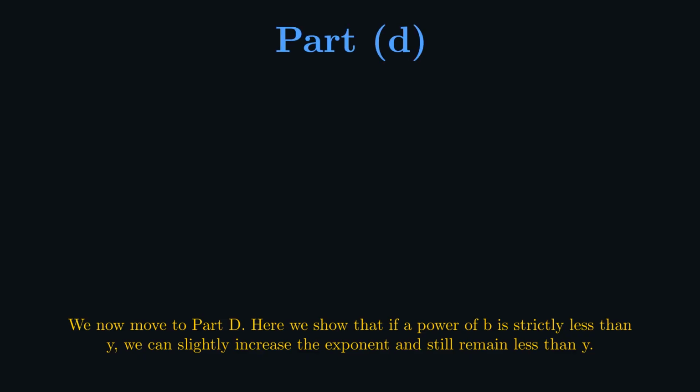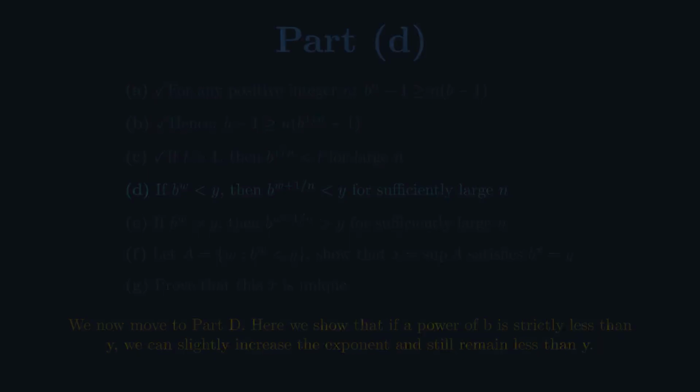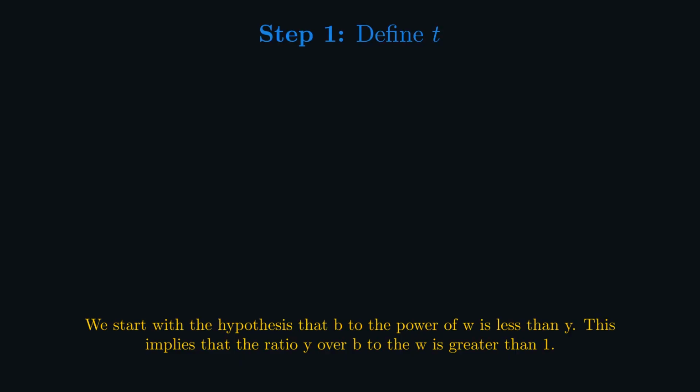We now prove part D. Our goal is to show that if a power of b is strictly less than y, we can increase the exponent slightly and still remain below y. We start with our hypothesis: b to the power of w is less than y. This implies that the ratio of y to b to the power of w is strictly greater than 1. We define this ratio as t.